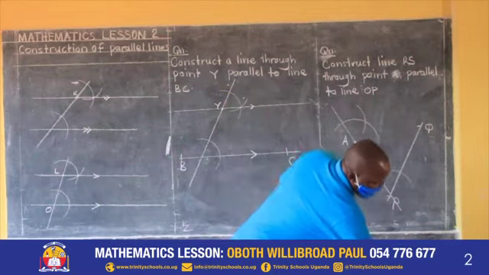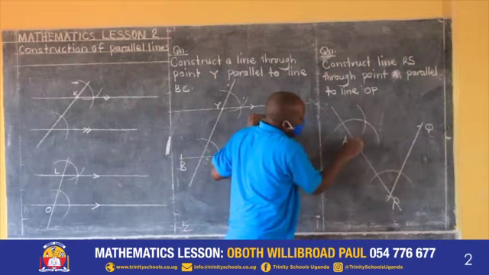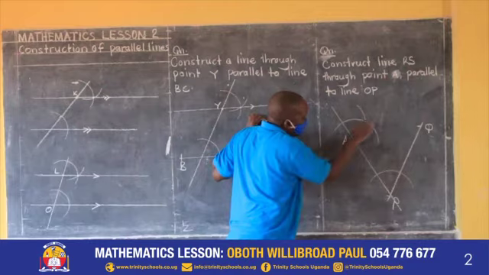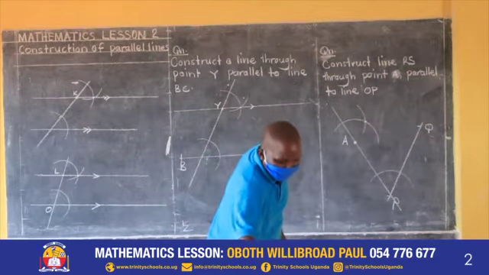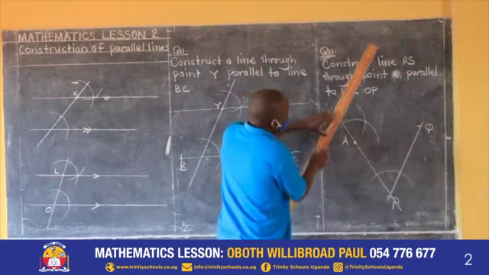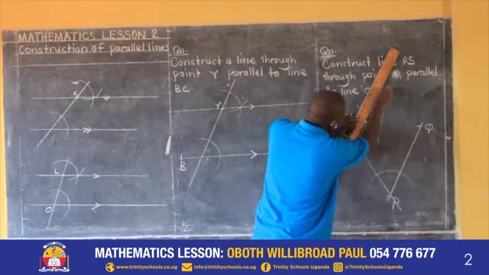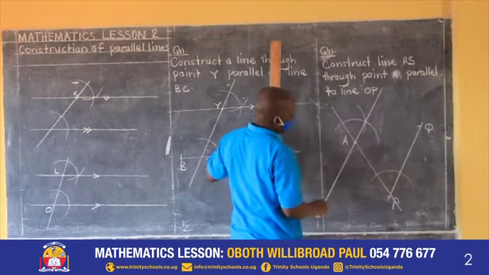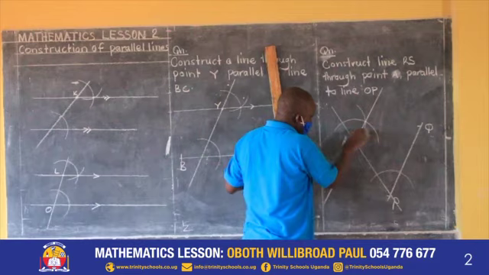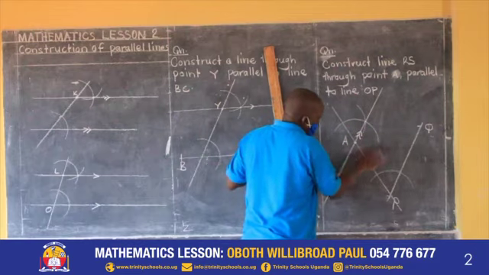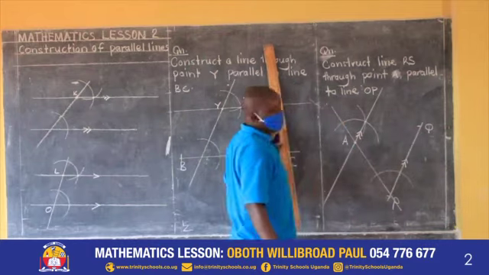And then what next? This point and that point will give you the two points where your line should now pass. Your line RS should pass there. And indicate, show the examiner or the setter that these two lines are parallel.